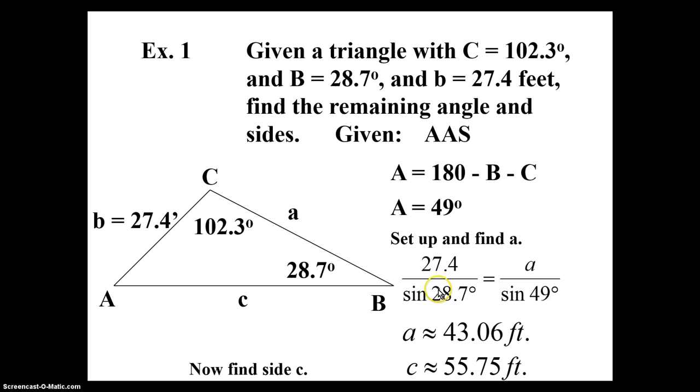We set up a proportion, cross multiply and divide, and we get our value for A. And we set up our proportions one more time, and this time set it equal to the conditions or the given statements for the C part. And we cross multiply and divide one more time, and we get our value for C.